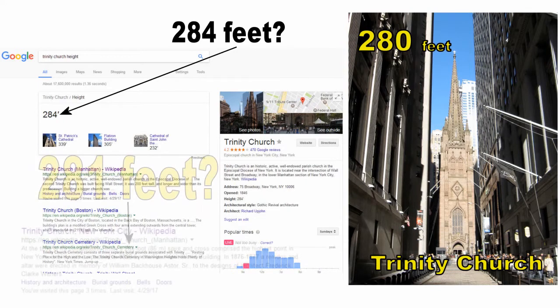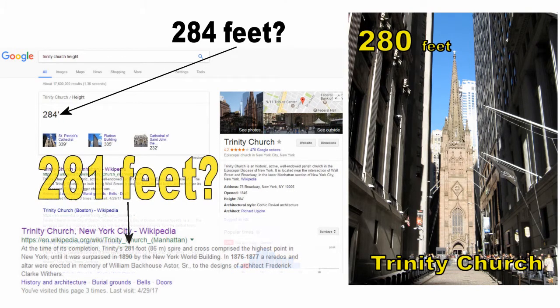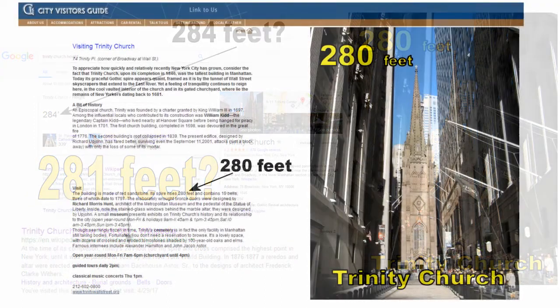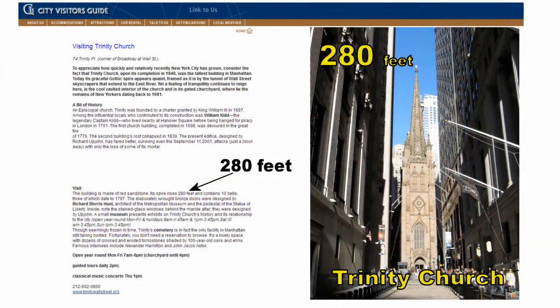For instance, if you do a search Trinity Church height, you get 248 feet, while the same Wikipedia article will give it 281 feet. Given that so many other sites across the world use these whole numbers, not this sort of unbalanced one, sort of either way, but again you'll find that other sites will give the correct measures, which is 280 feet, and this was repeated through many other churches and structures across the world.